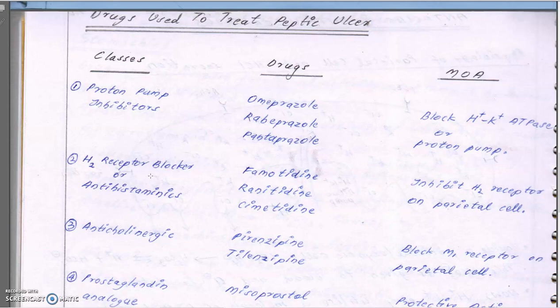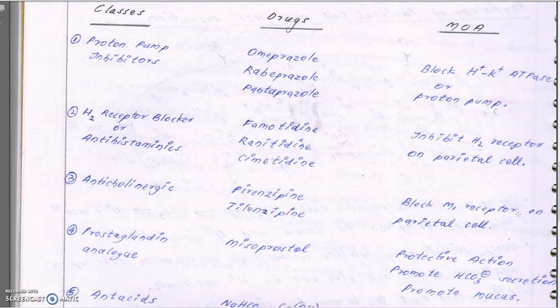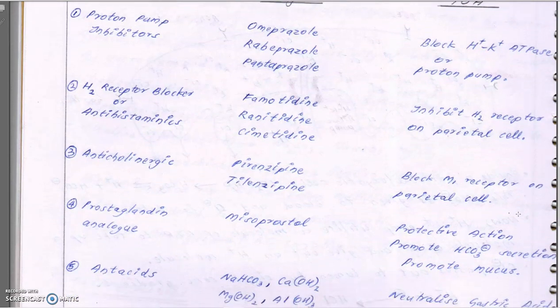So we block the histamine receptor. So the main drugs used are famotidine, ranitidine, cimetidine. The tidine drugs are used. They inhibit the H2 receptor on the parietal cell. So there will be lesser secretion of HCl.